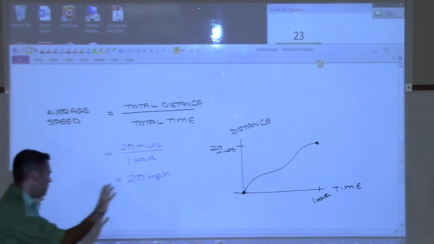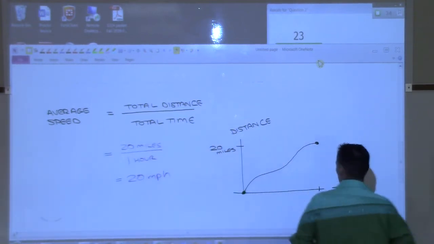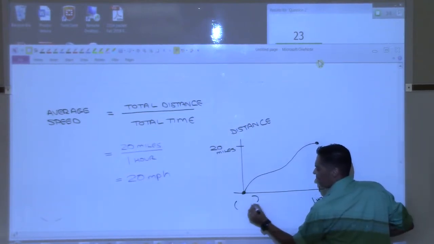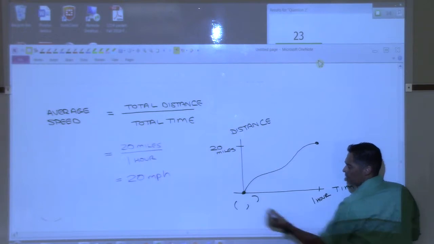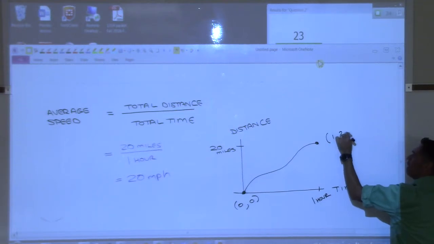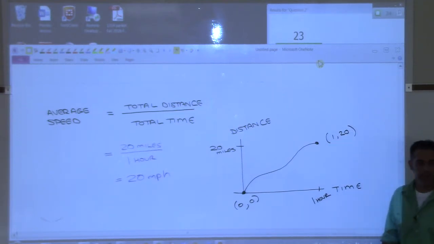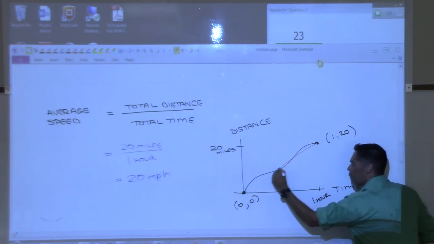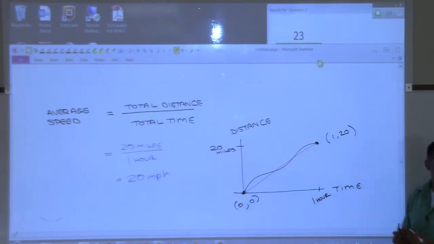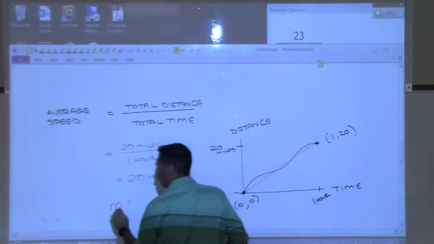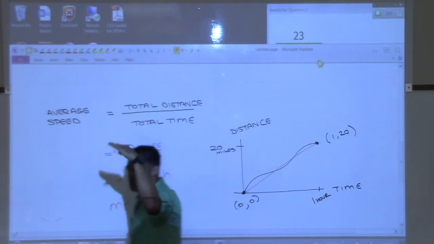So when we come back over to this graph, let's look at it more from an algebraic point of view. If we look at these as points, as ordered pairs, what's that point? 0, 0. And what's this point? 1, 20. Back in algebra, if I asked you to find the slope of the line connecting 2 points, could you? The slope, we use m for slope, is rise over run.